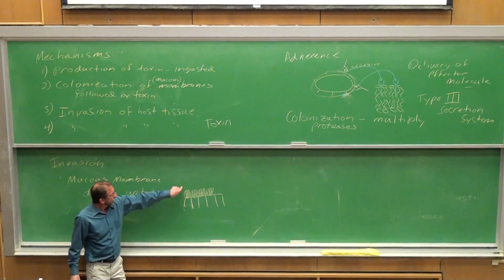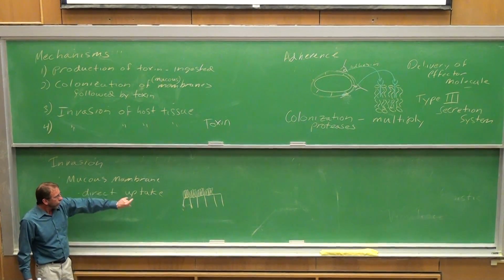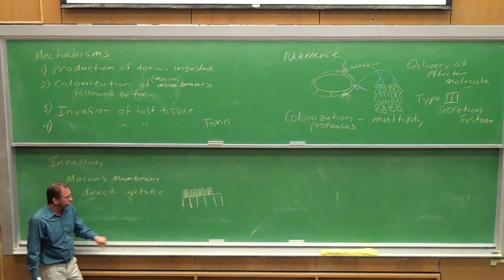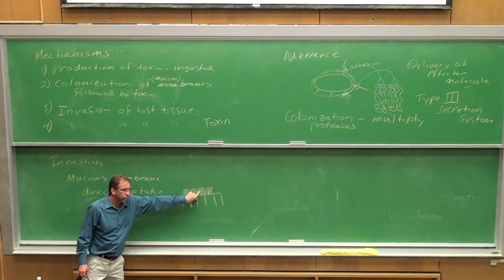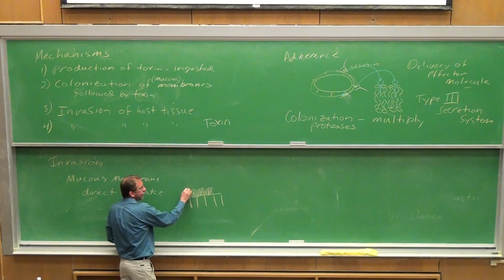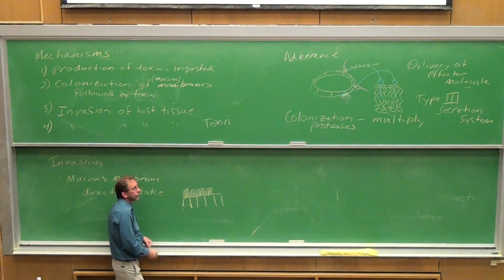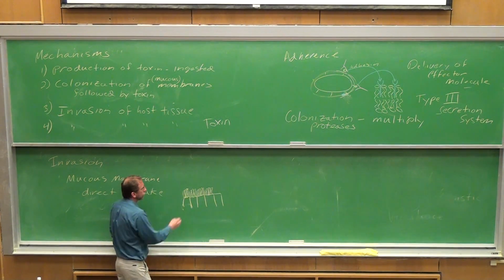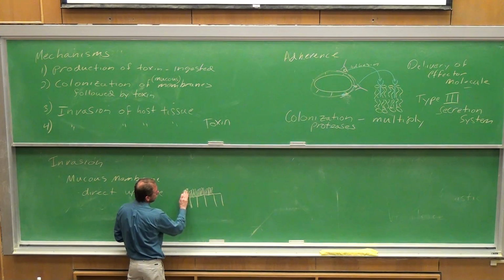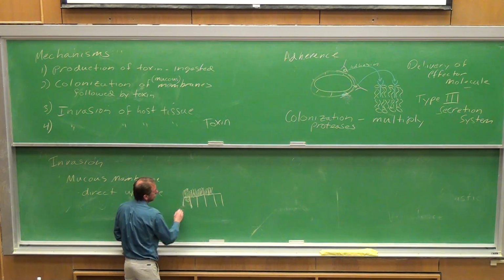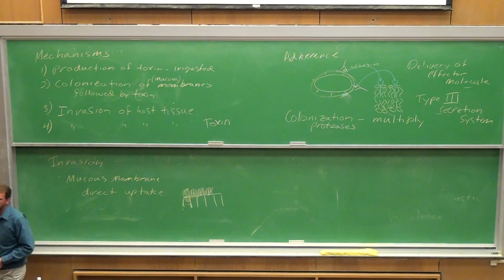Those microbes that are able to get past this mucous membrane usually adhere to one of these microvilli, deliver an effector molecule that causes the cell to lose its microvilli and take up the microbe through endocytosis. So through direct uptake.